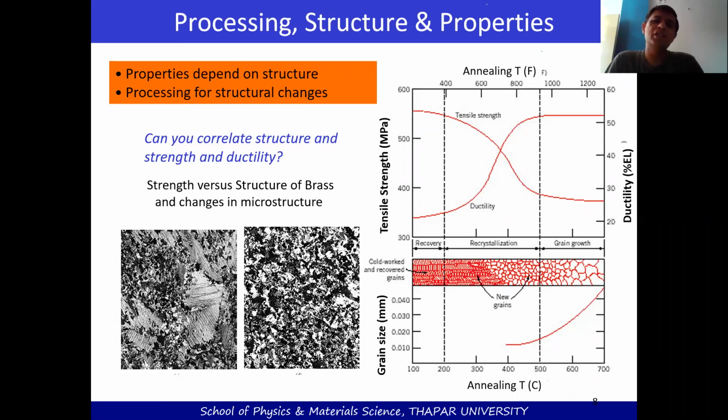So as a design engineer, now you have to choose an appropriate annealing temperature where you produce an optimum grain size of the material that gives you the required tensile strength and ductility in the material. Remember, you cannot make both the tensile strength and ductility high in one single case.